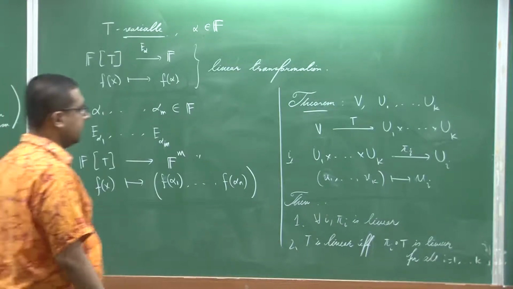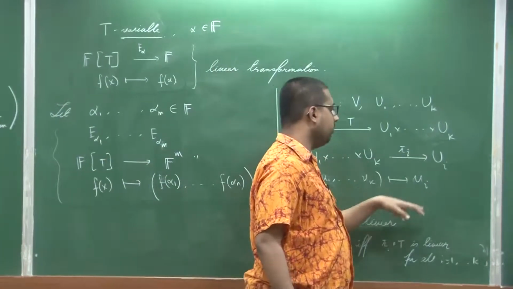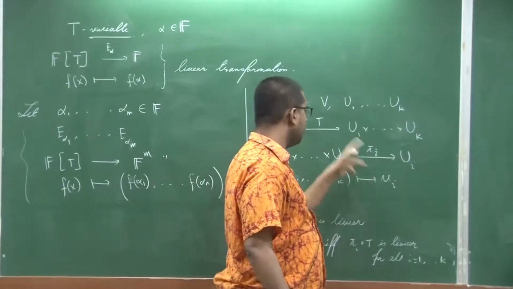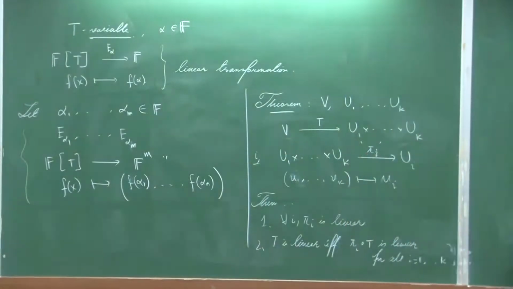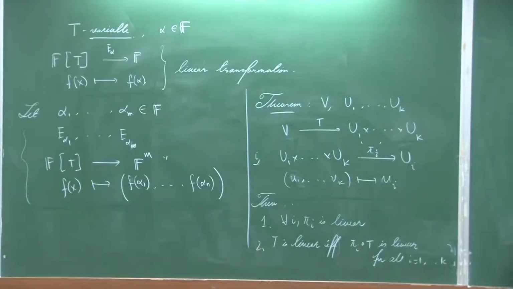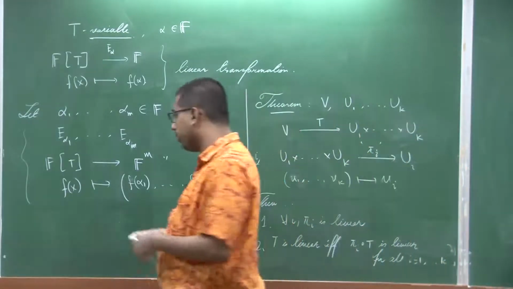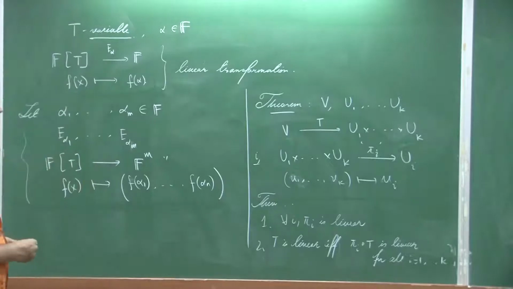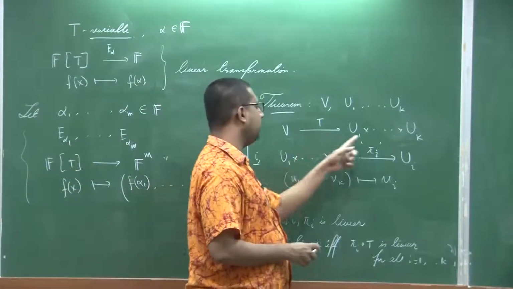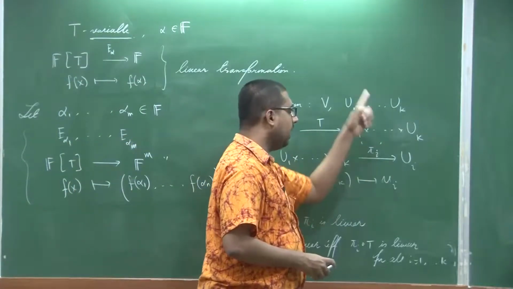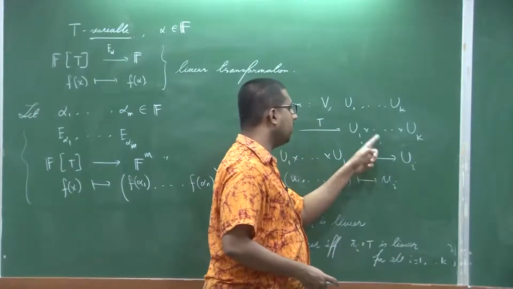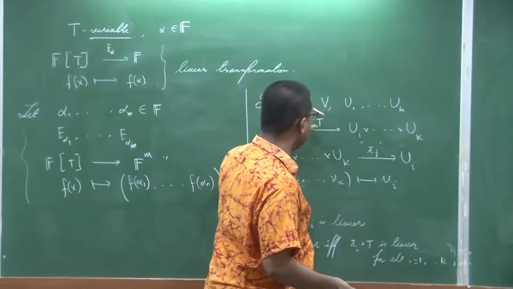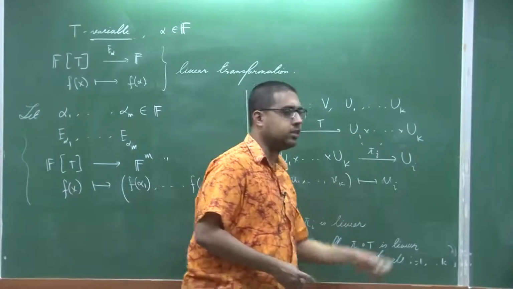So, let us call these the projection to the ith component. So, the projection of T on the ith component means pi i compose T. Okay. So, if I am supposed to show this map is linear, I will compose T with each and every projection pi i.